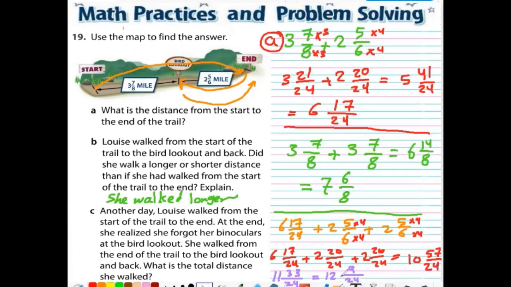You can keep it the same, or you can divide it by 3 as well. So the final answer in here is 12 and 3 over 8. I hope it's clear. I hope you understand it.